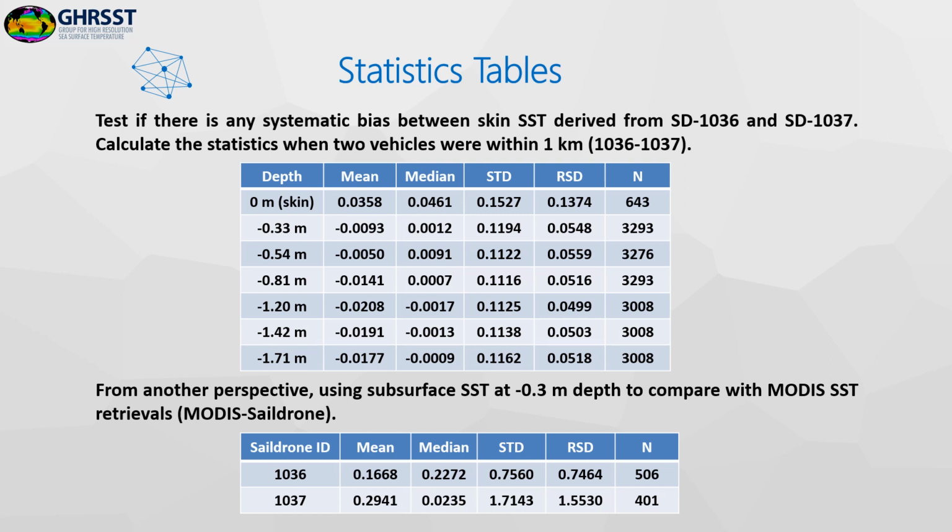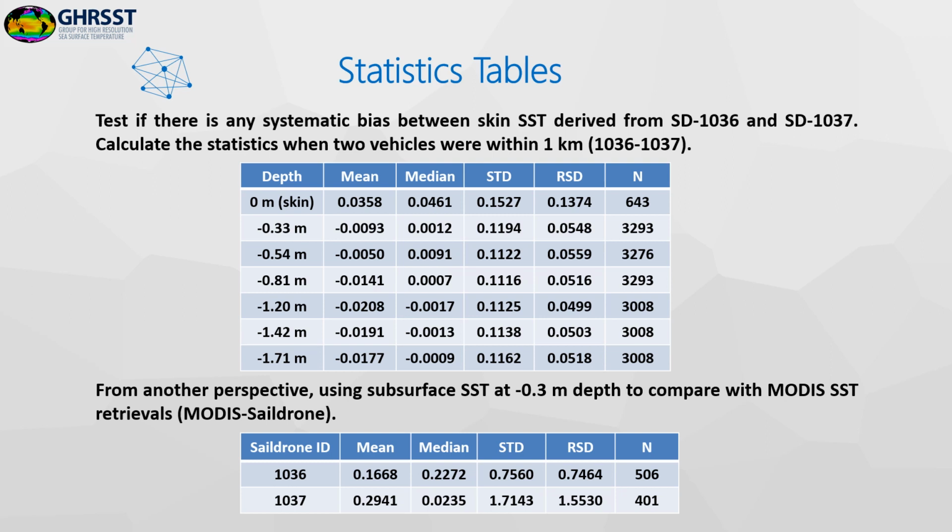To study the significant statistical difference for MODIS SST matched with Saildrone 1036 and 1037, firstly we test if there is any systematic bias between the skin SST derived from 1036 and 1037. We calculate the statistics when the two vehicles were within 1 kilometer.